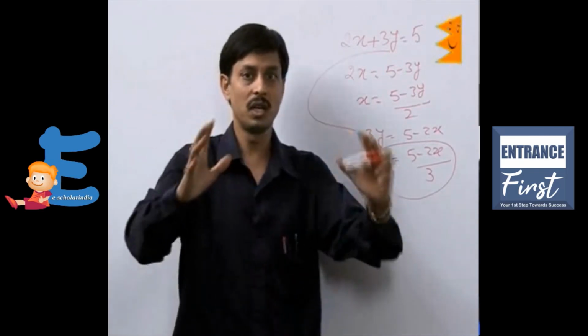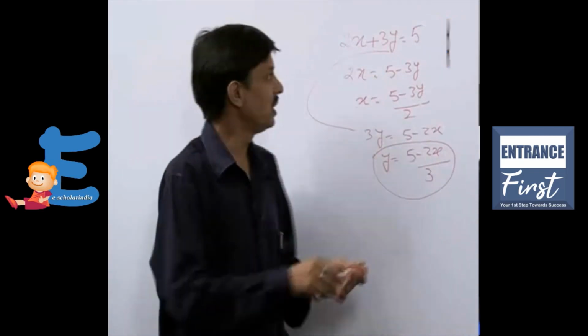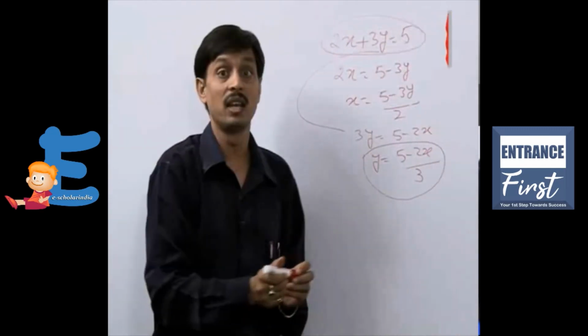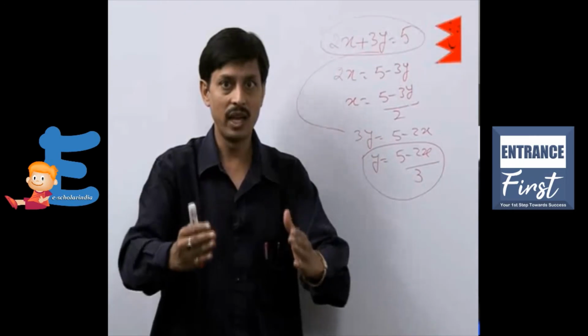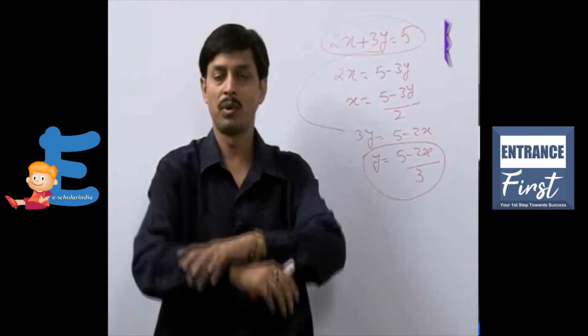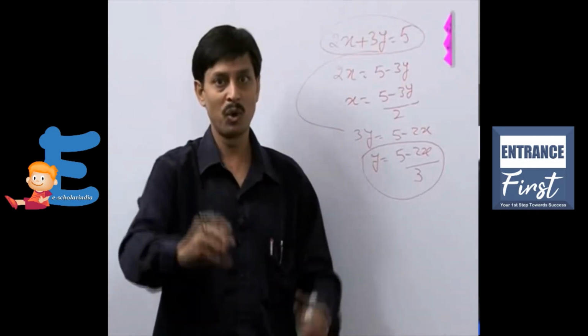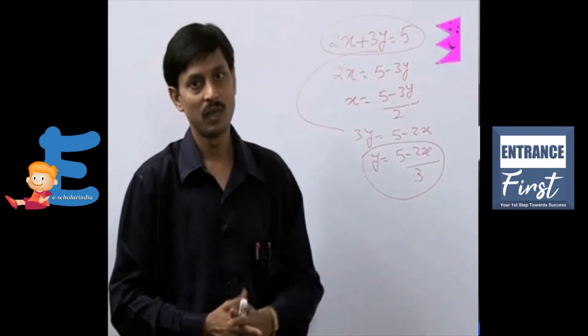Now a big question comes: how many sets of solutions does only one line have? A line can pass through an infinite number of points, as you have plotted many lines even in your rough notebook or in your graph sheet.